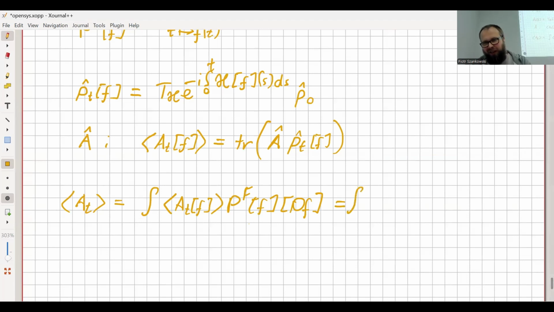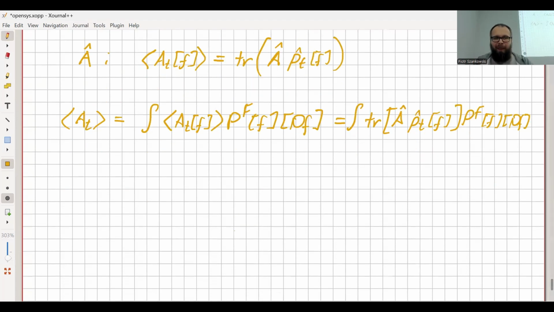But if we write down what it means, we have the trace, we have the operator, we have rho_t(f), P(f), Df, right? But that's nothing else but a T exponential of minus i integral of H for a given trajectory f, small f, rho_0.